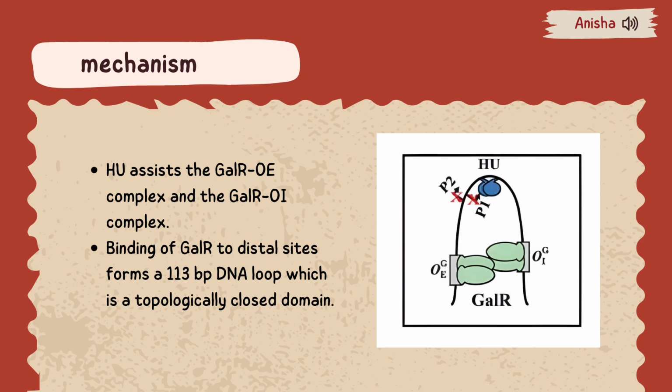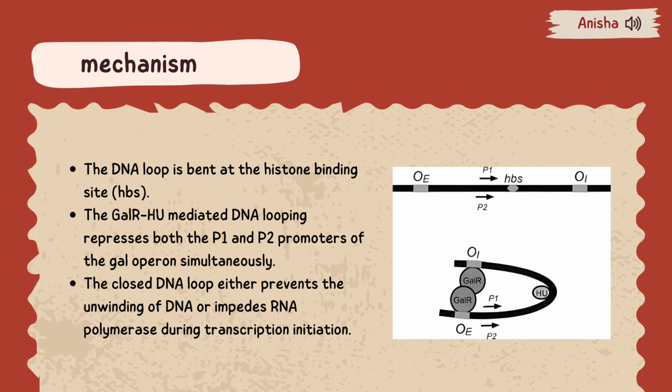Synergistic binding of GAL-R to distal sites forms a 113 bp DNA loop, which is a topologically closed domain containing the two promoters P1 and P2. The DNA loop is bound at the histone binding site HBS, which is located at the apex of the loop where HU binds.